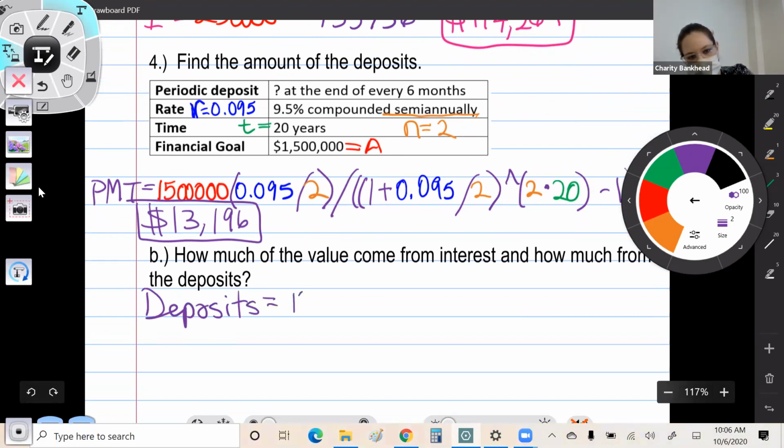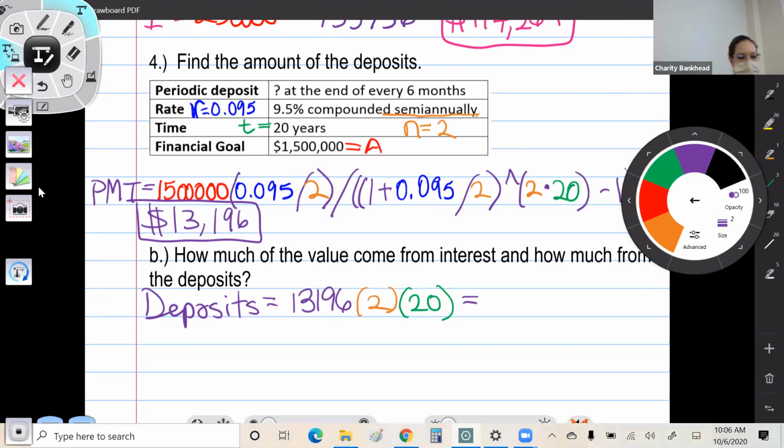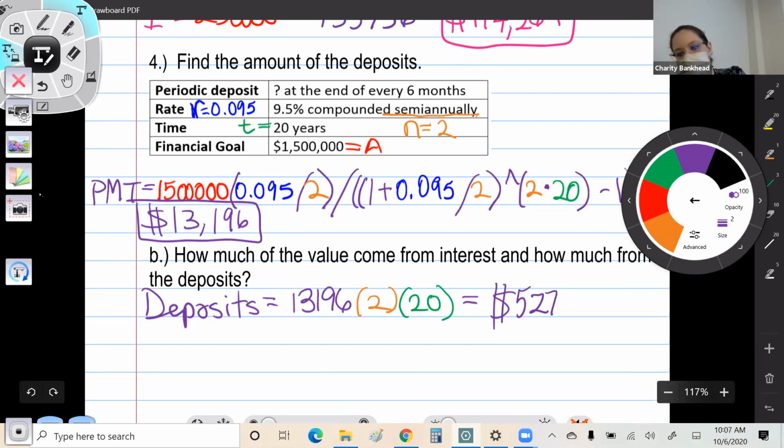So we're going to deposit $13,196 2 times a year for 20 years. So the total amount we're depositing is $527,840.